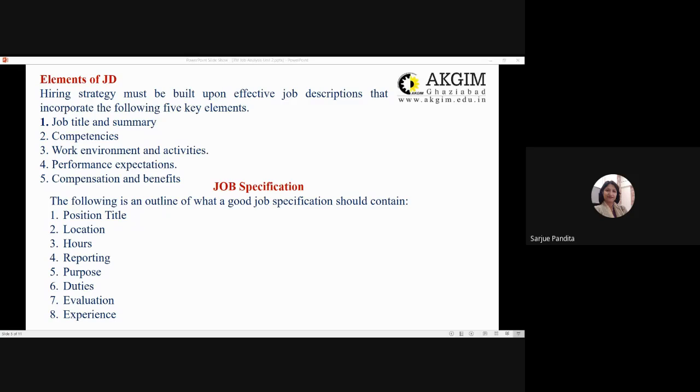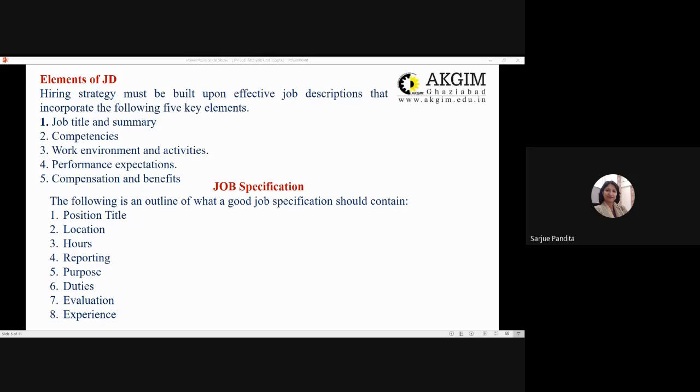An effective summary helps the reader quickly grasp whether the job fits them or not. So, job title and summary should be written in such a manner that it tends to attract the potential candidate. Moreover, it helps the job seeker gain a general understanding of a position at first sight without being overwhelmed by the job requirements.